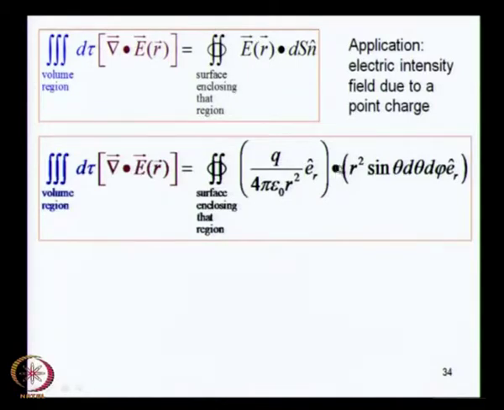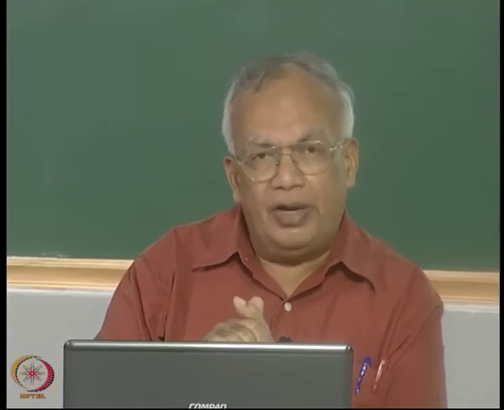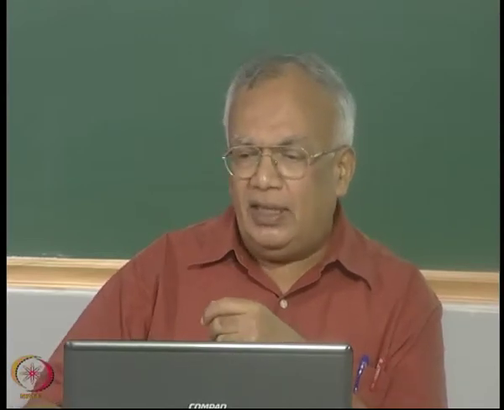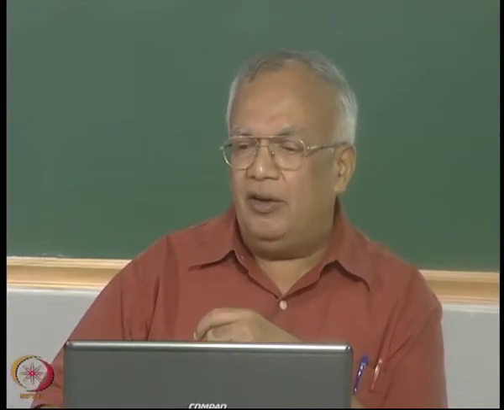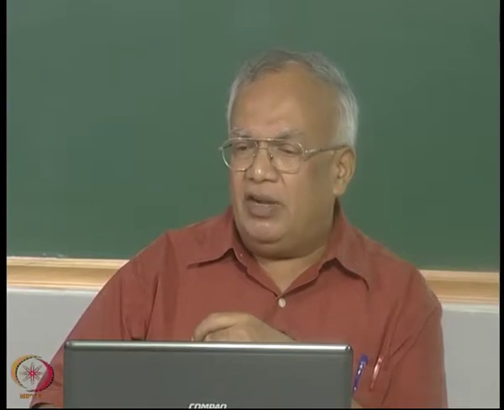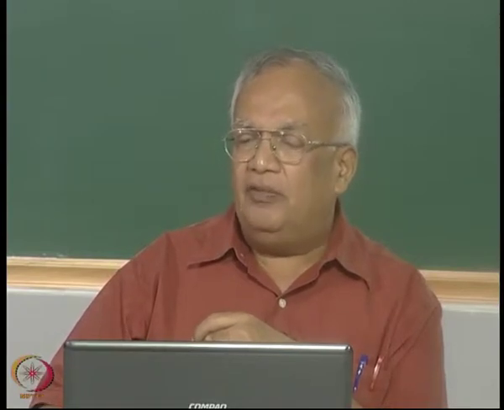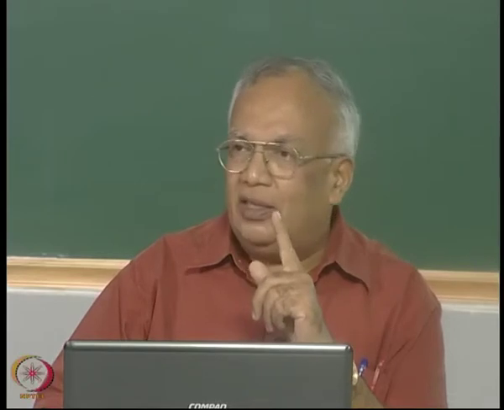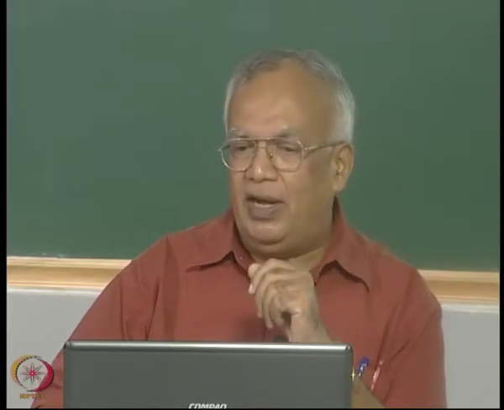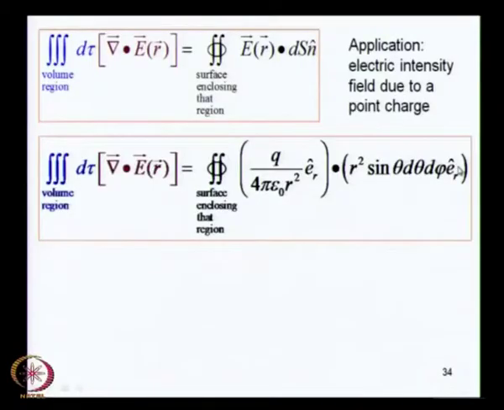Now, you have a surface element which we know is r square times the solid angle subtended by a sphere at the center, if the charge were at the center of the sphere, and then the unit normal to the sphere is nothing but the radial normal vector, which is plus e_r in the spherical polar coordinate system. So, the right hand side is very easily spelled out.